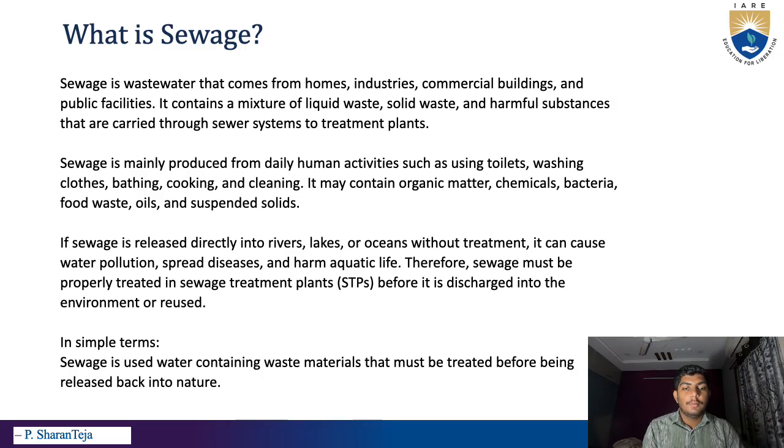For example, when we wash clothes, detergents enter the water. When we cook, oils and food waste enter the drainage system. If the sewage is released directly into rivers, it reduces oxygen levels in water and fish die. Water becomes unsafe for human use, and therefore sewage must be treated before disposal.